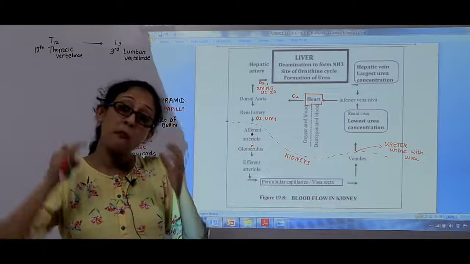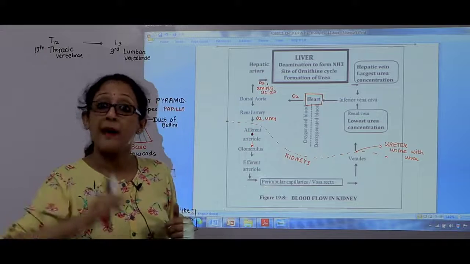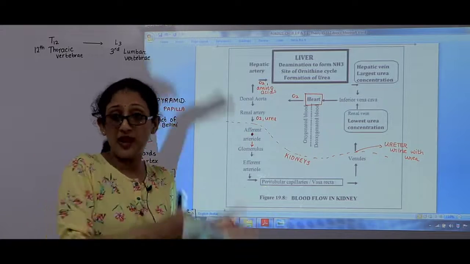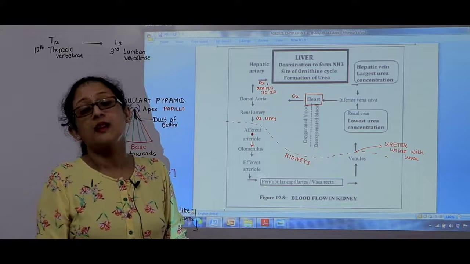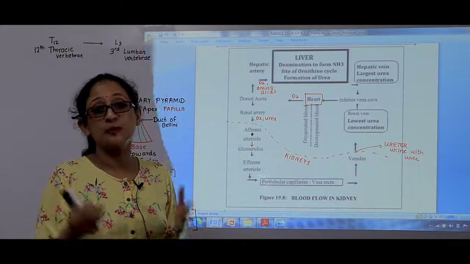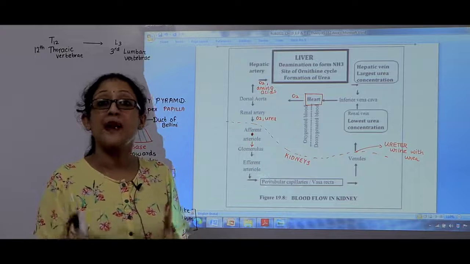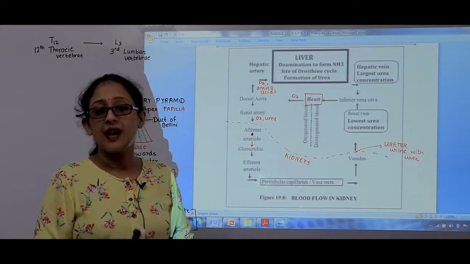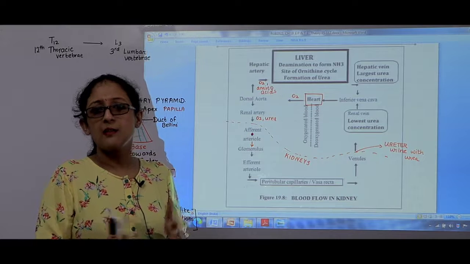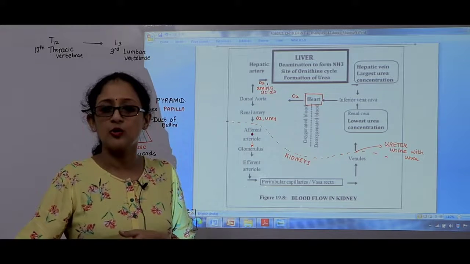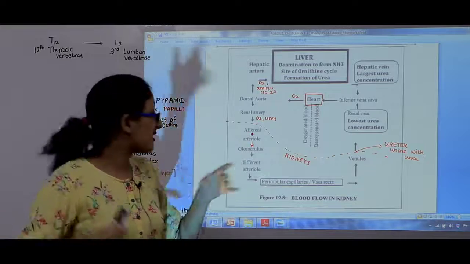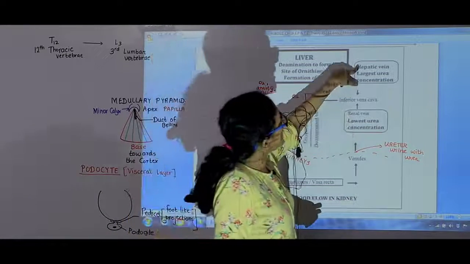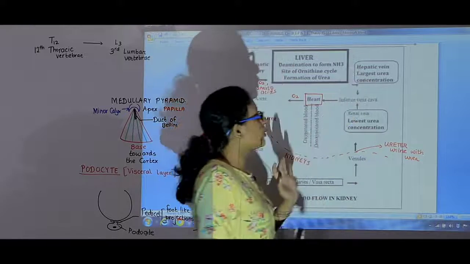Which blood vessel has the maximum urea is the hepatic vein, because the liver produces urea. Blood coming out of the liver contains the maximum urea, which is your hepatic vein. Blood coming out of the kidney has minimum urea because the kidneys filtered the urea out. So the renal vein has the lowest urea, the hepatic vein has the largest urea.